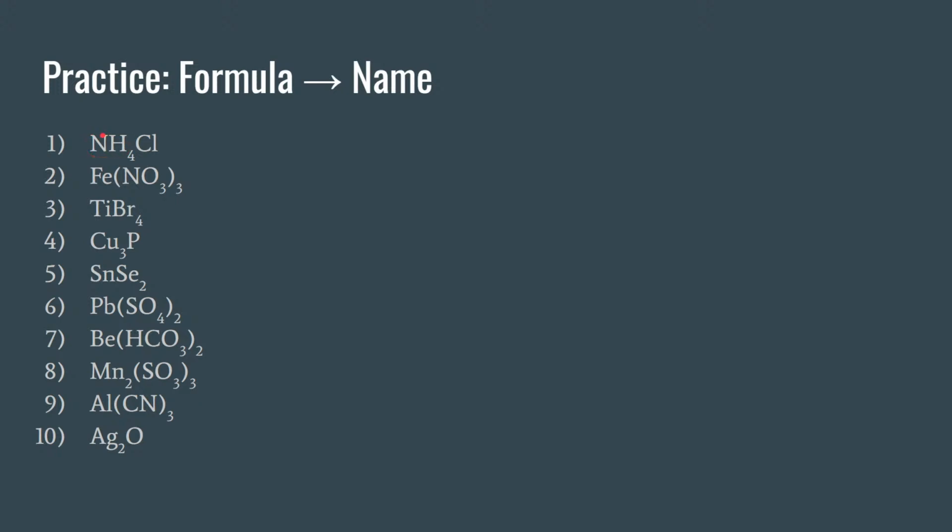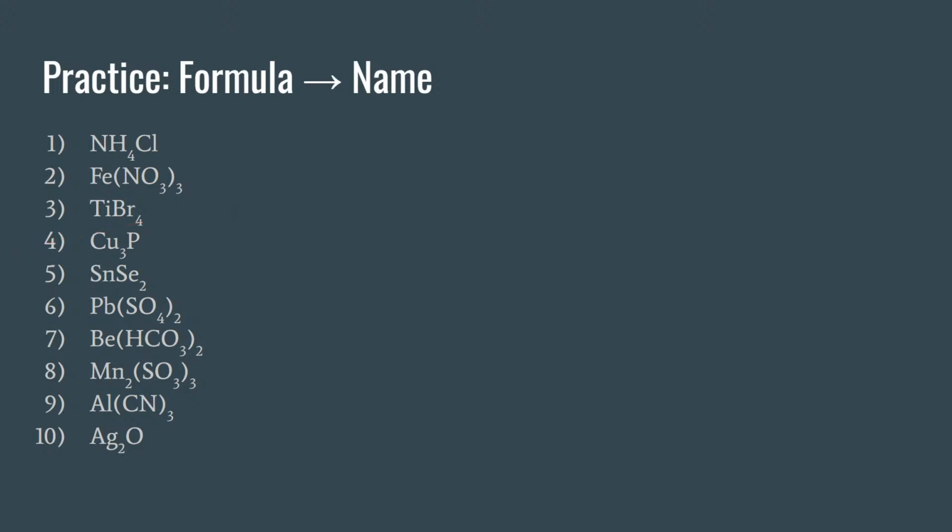Hence, we don't have a 1 under the Cl. We also don't have a 1 under the ammonium. But we have more than one nitrate. That's what this is, nitrate. So we have to use parentheses, and then we put another 3. Because if you didn't have parentheses and you just wrote NO33, then that would look like 1 nitrogen and 33 oxygens, and again, I would make fun of you.